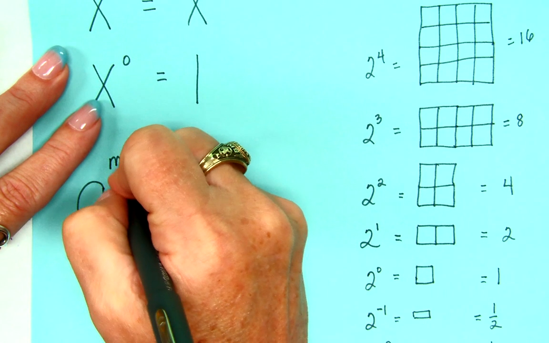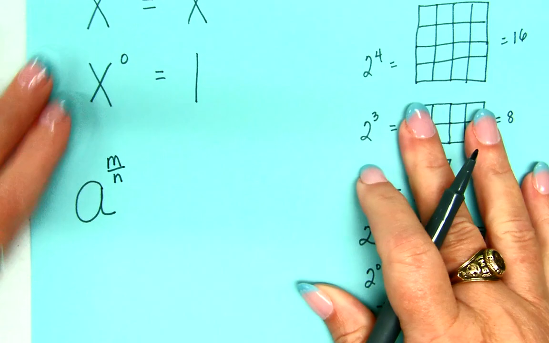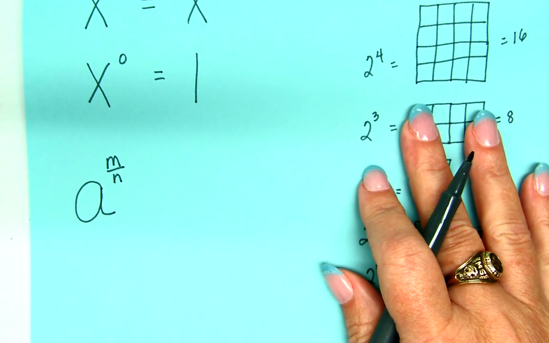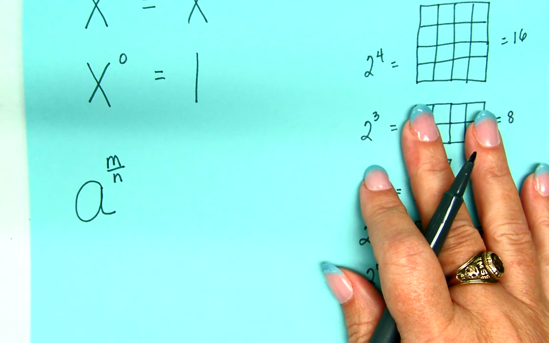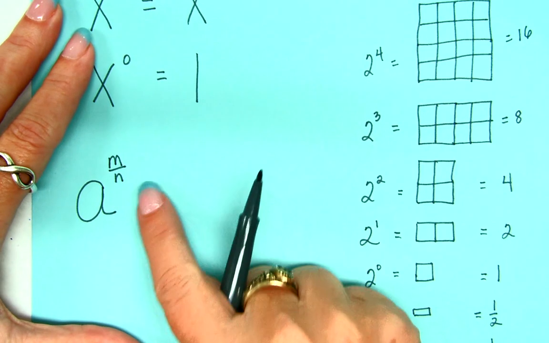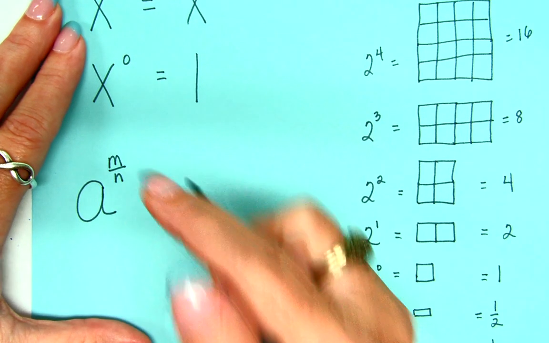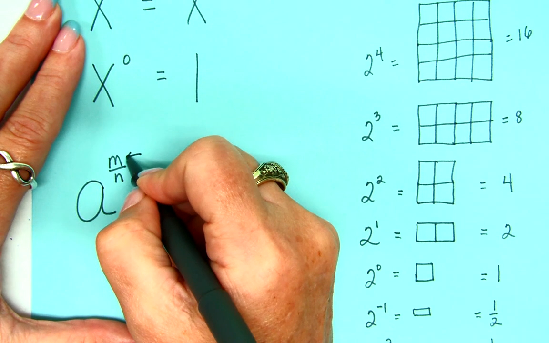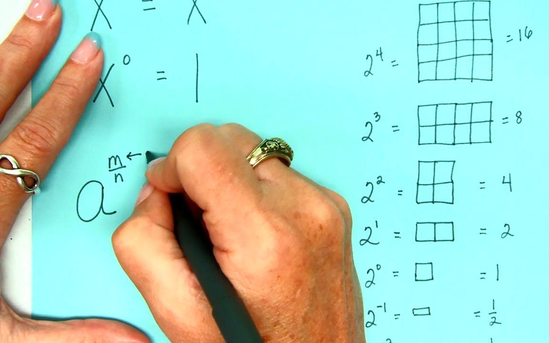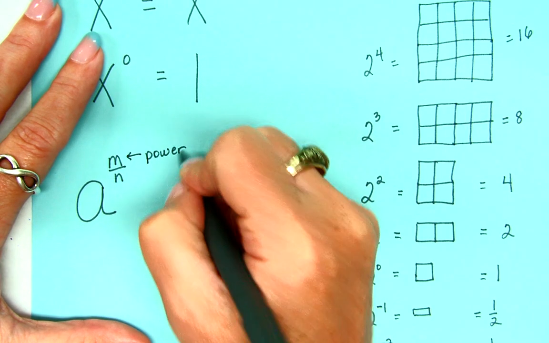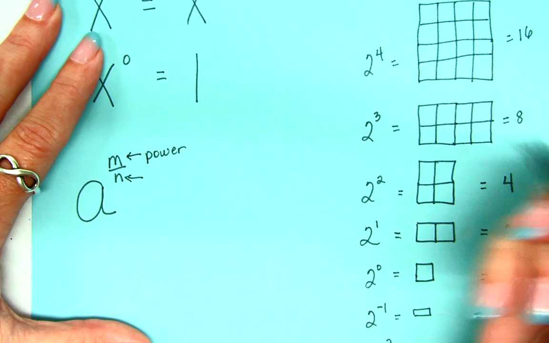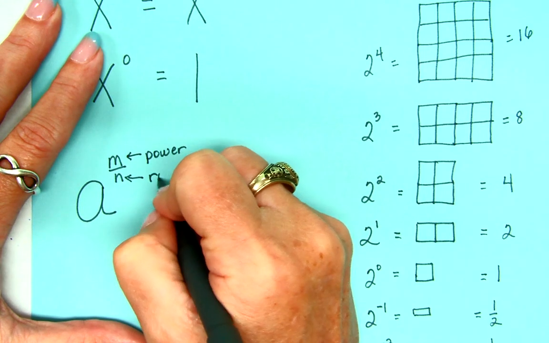A to the m over n power. It's our new thing for today, our fractional exponent stuff. When you have a fractional exponent, the top of the fraction is the power, and the bottom of the fraction, or the denominator, is the root.